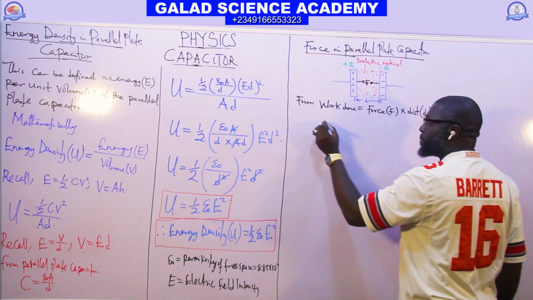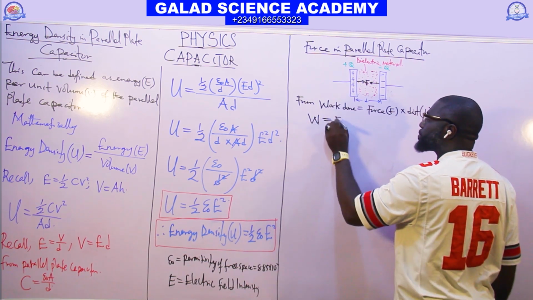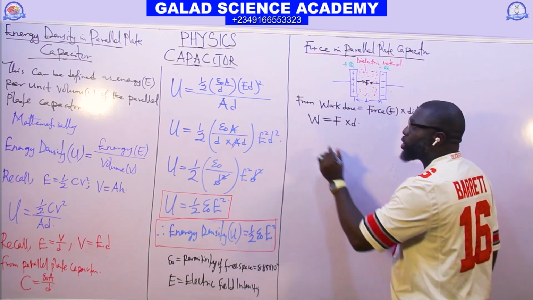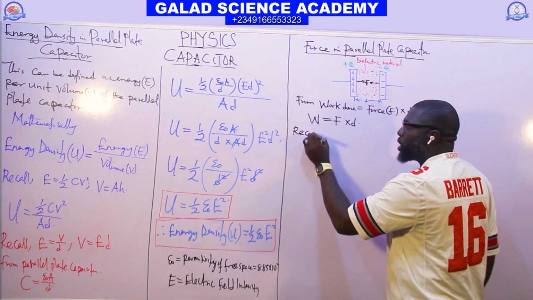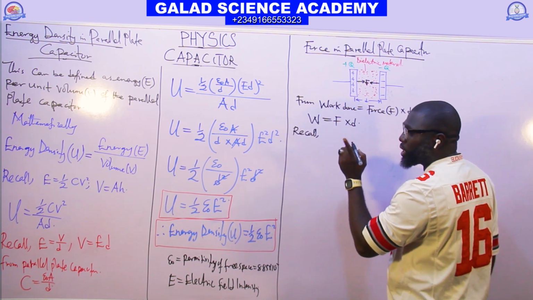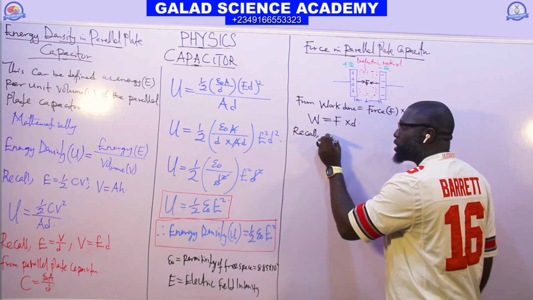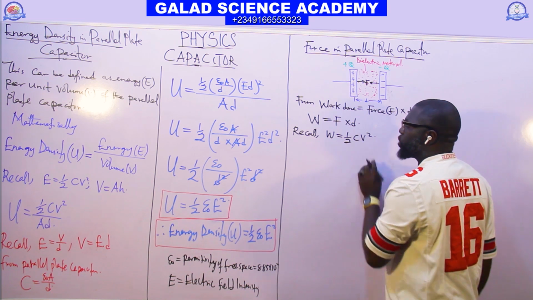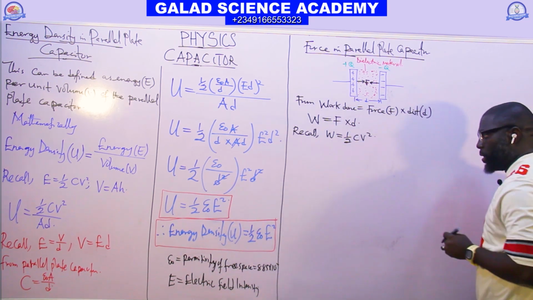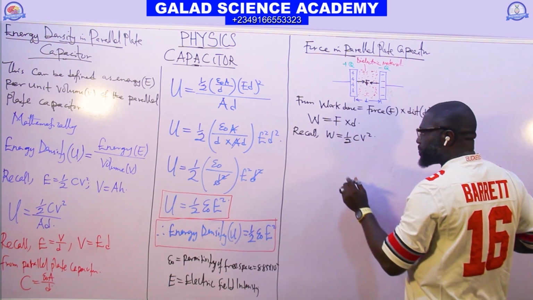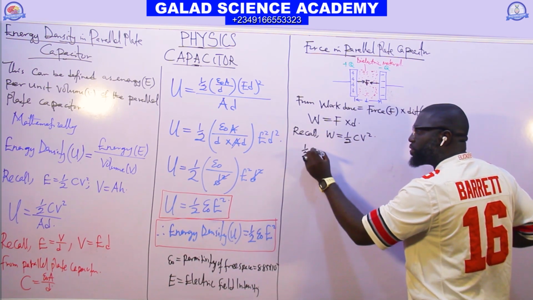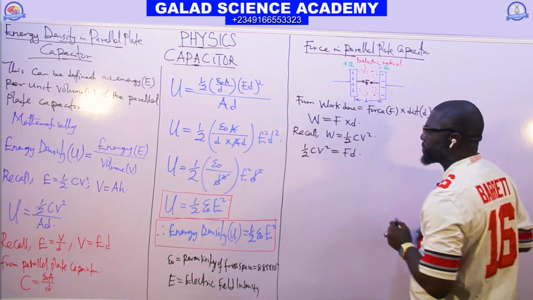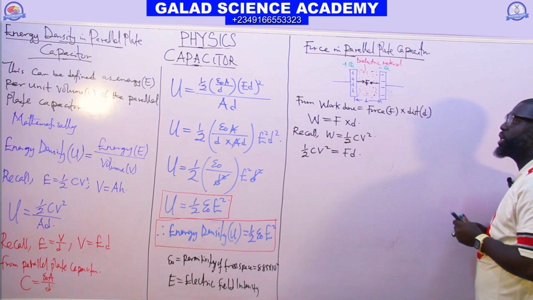So you can write this as F times D. Recall that the work done is equal to half of CV squared. Substituting for the work here, we have half of CV squared equal to FD.